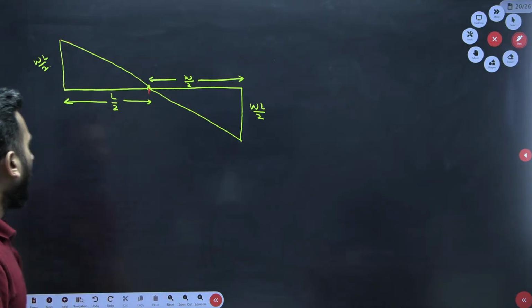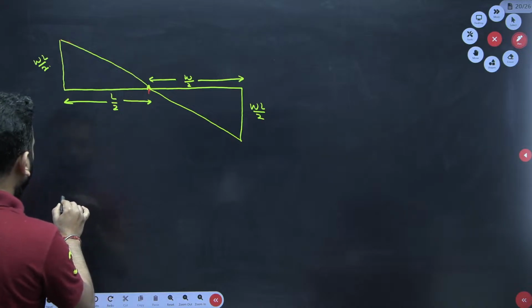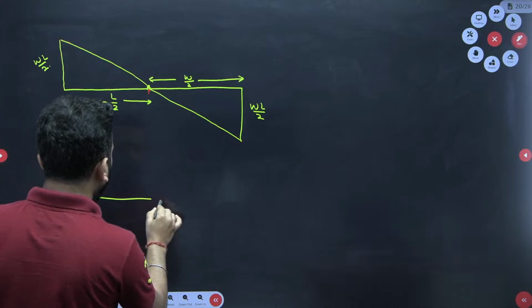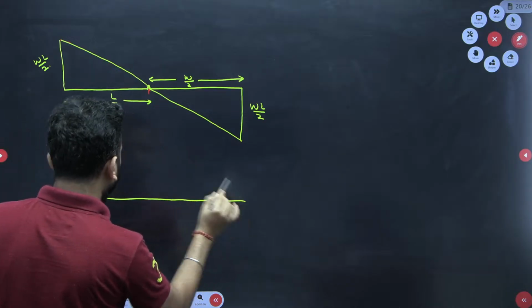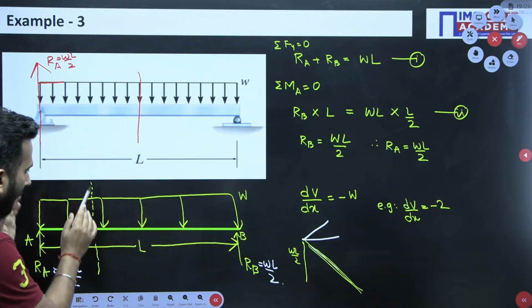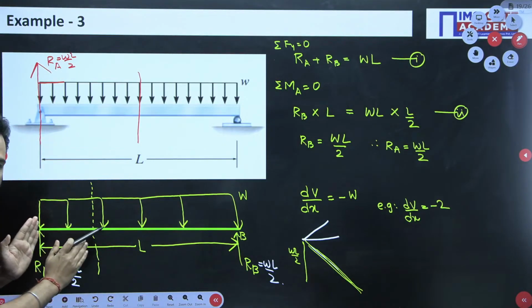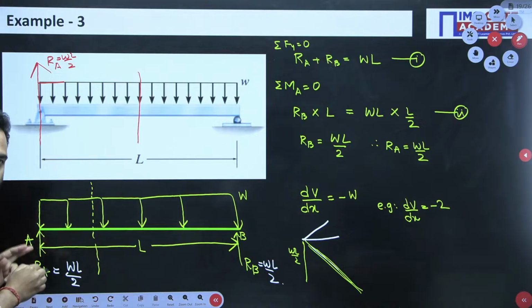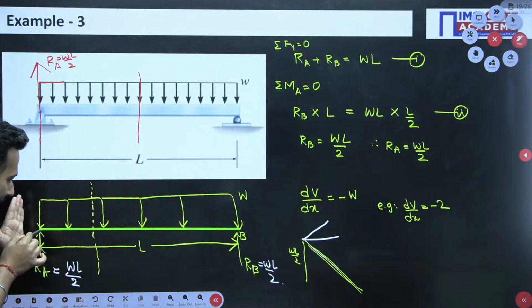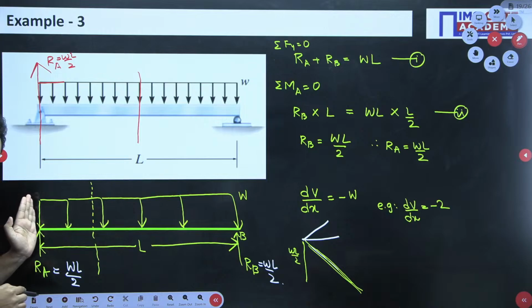Okay. Now I will try to explain the BMD. Very neatly, see. If I start from the left hand, only RA, means if I write the bending moment equation, RA and the distributed loading will come into effect. But exactly at the beginning, no moment is there.